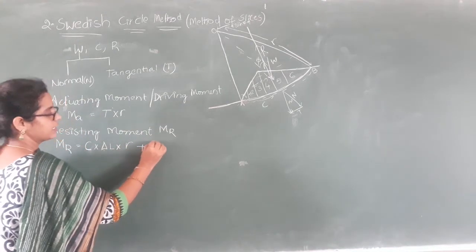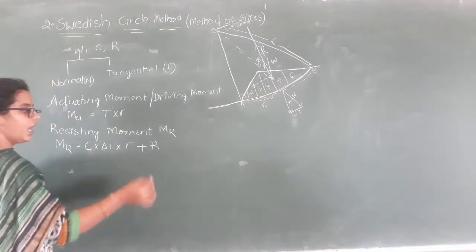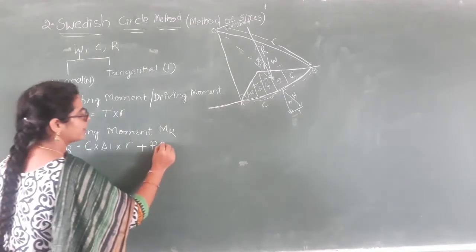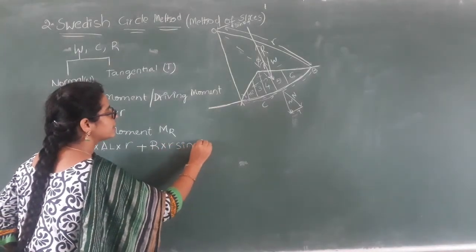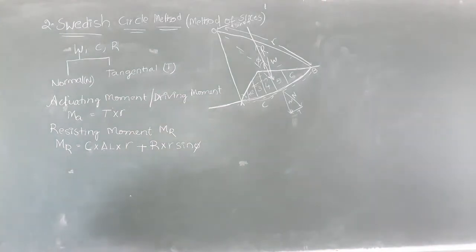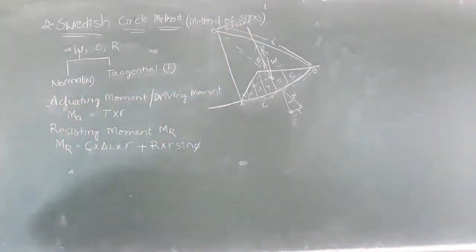Plus there is one more resistive force, that is reaction force R into R sin phi. So it is the lever arm or the perpendicular distance. Here I mentioned R sin phi. So we will define the factor of safety now.